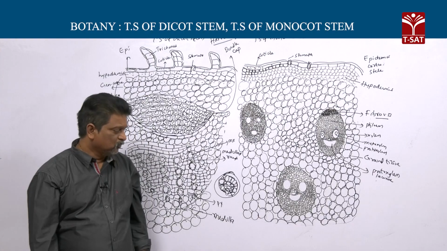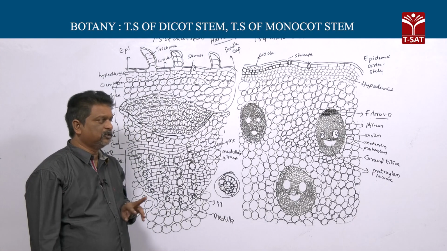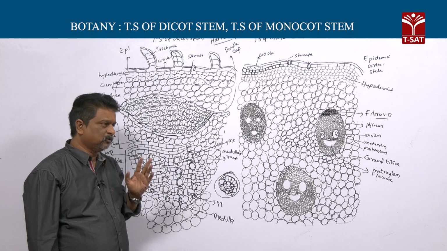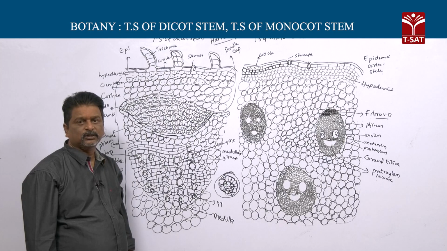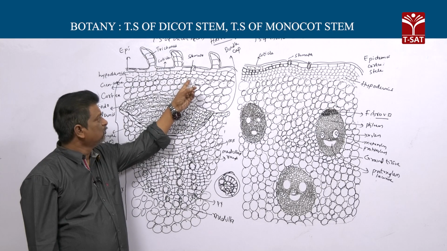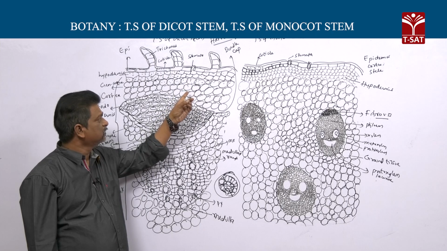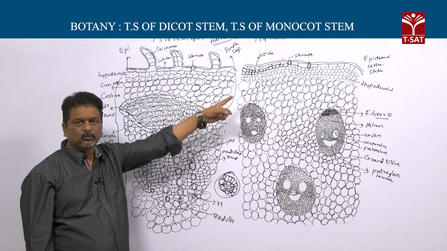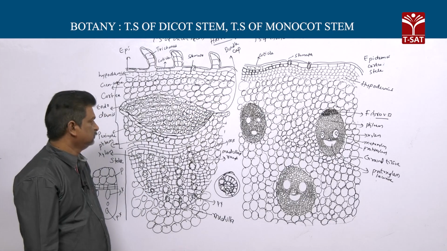In roots, function of general cortex is lateral conduction and storage. But in dicot stem, outer cortex performs photosynthesis, inner cortex helps in storage. In monocot stem, it is absent.